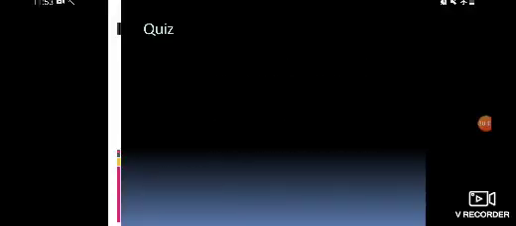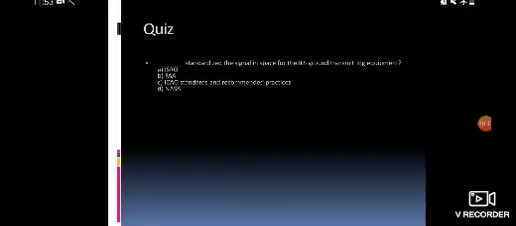And the next one is: blank standardizes the signal in space for the ILS ground transmitting equipment. So which standard is going to standardize the signal in space for the ILS ground transmitting equipment?